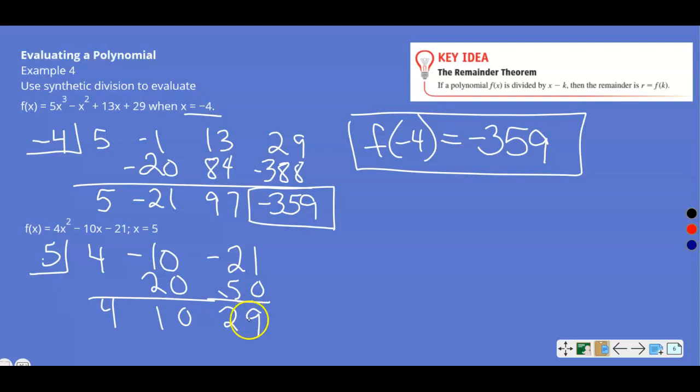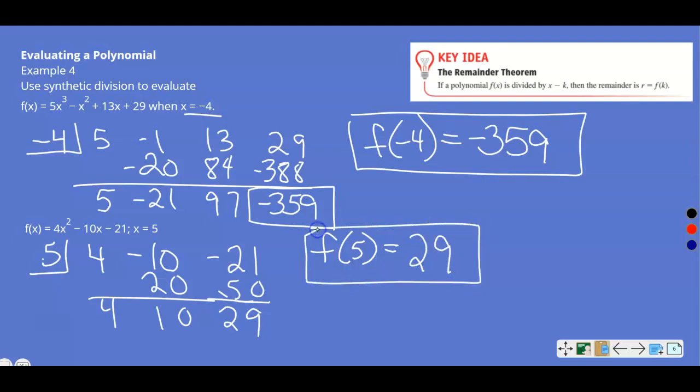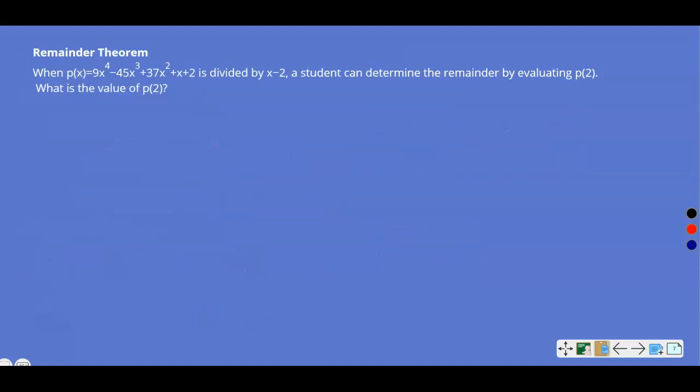All right, check my math here. All right, so that is correct now. All right, so we've got f of 5. That was given. And the remainder is 29. So we can conclude that f of 5 equals 29 using synthetic division.